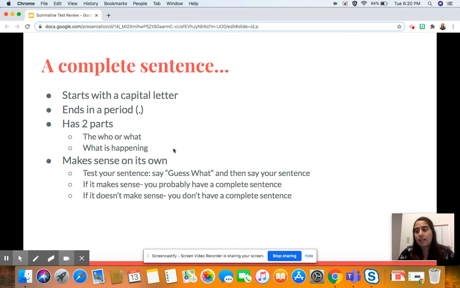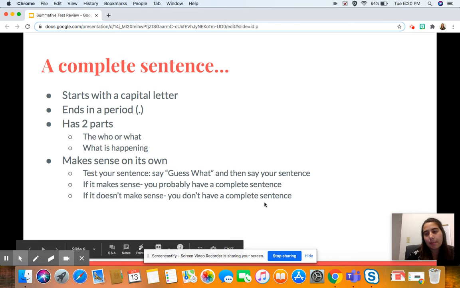Let's do another example that wouldn't make sense. If someone said, guess what? And he said, chocolate chip cookie. I'd be like, what about chocolate chip cookies? What are you talking about? You'd be confused. You don't really know what's going on, and it doesn't make sense. So if it doesn't make sense, then you probably don't have a complete sentence.